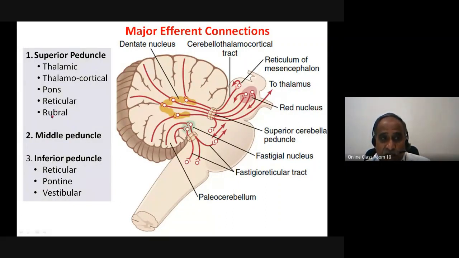Similarly, the rubrospinal tract, coming from the red nucleus, also governs the group of voluntary muscle activity. And we have the colliculospinal or tectospinal tract. So I would like to mention here that there is no direct link to the spinal cord, but there is a link through the brainstem reticular system or brainstem midbrain structures.